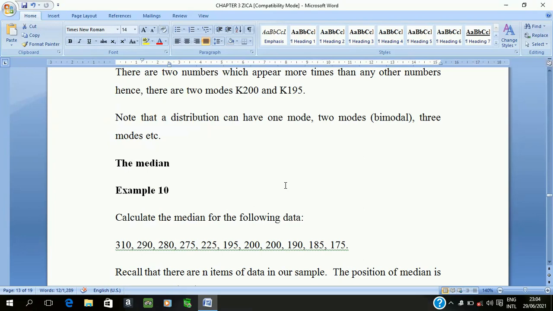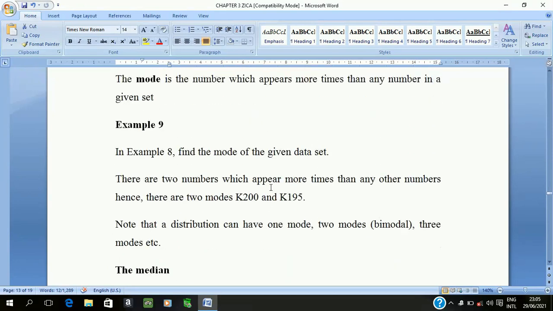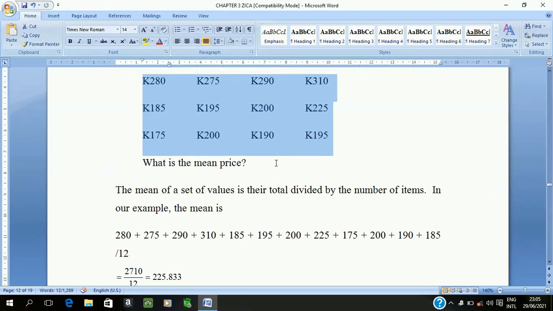The median. The median is the value that is found exactly halfway in the distribution. Before you pick out the median value, you have to arrange the data in order of size, or do a data array. So the data that we have on top here, arrange it in order of size.